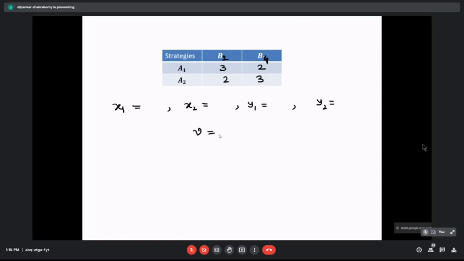What is coming? X1 is half. Okay, good. X2 is definitely then half. Okay, sorry, you make it as Y2 and Y4. So Y2 and Y4.